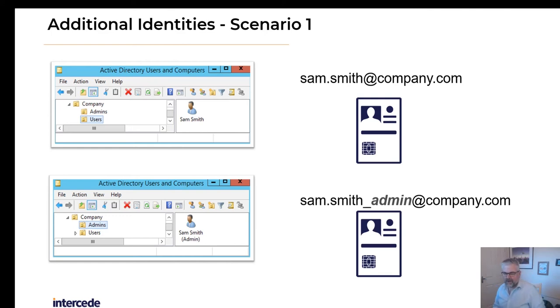It's also more costly. So what we can do is put Sam Smith's credentials onto his USB device or virtual smart card or smart card as standard, but we can also include additional identity credentials, hence the name, that go on there, which he can use occasionally when he needs to actually have access to specific systems.